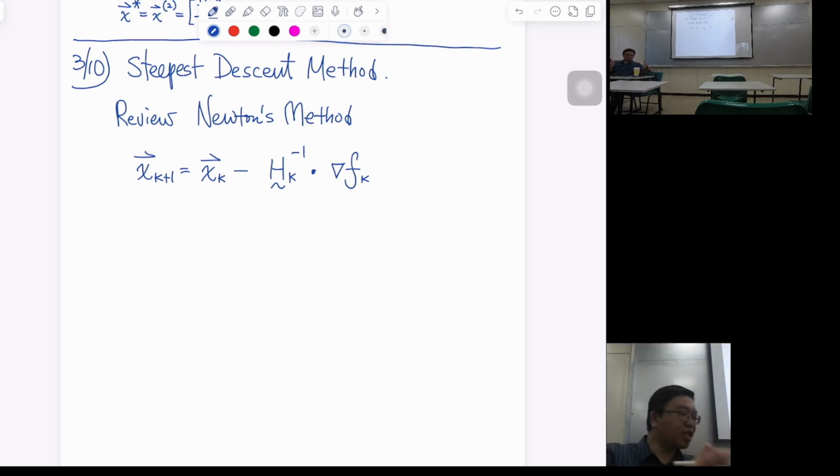But in Newton's method, it's computationally costly to evaluate the Hessian matrix. Inside the Hessian matrix, we need to compute a lot of second order derivatives, many terms. So the idea is, can we find a way to avoid the calculation of the Hessian?